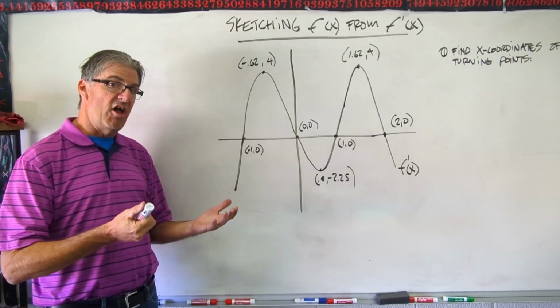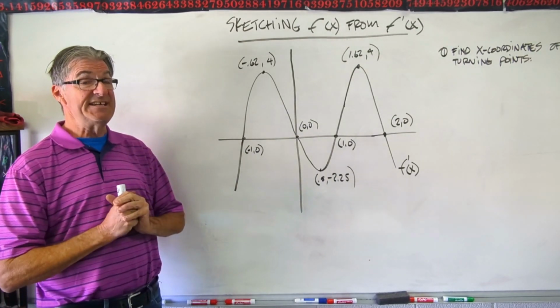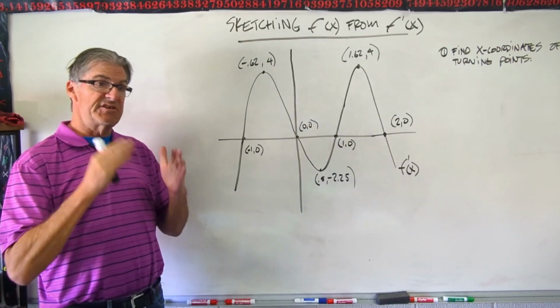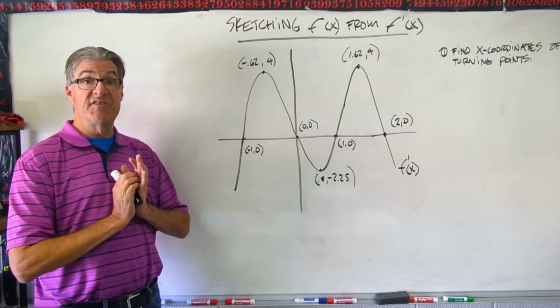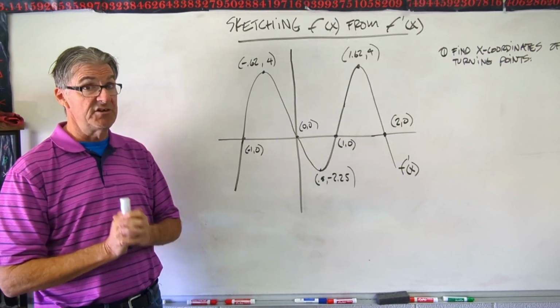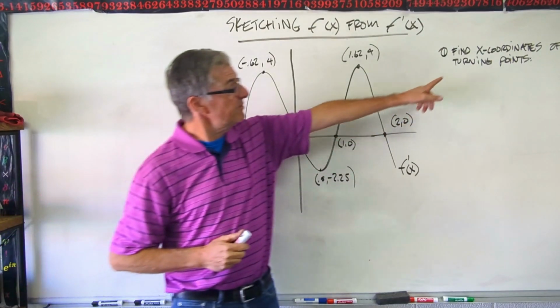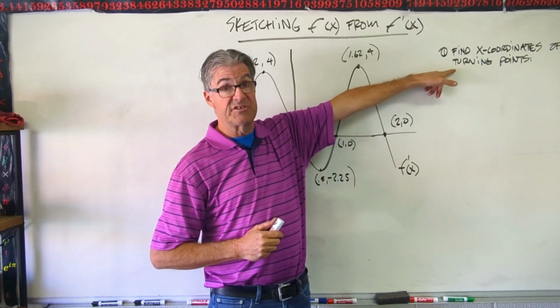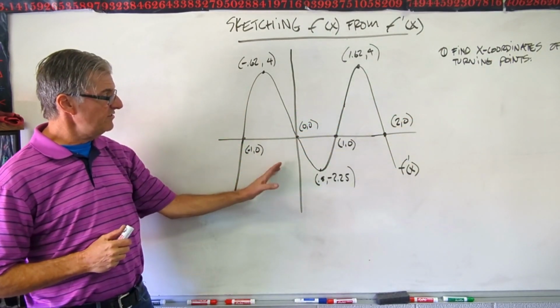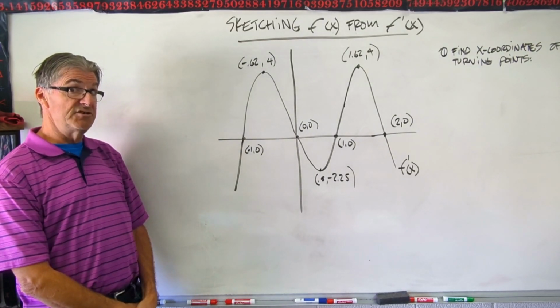At the turning point, the first derivative is equal to 0 because the first derivative gives us the slope of the tangent line. The tangent at the turning point is horizontal, which means it has a slope of 0. So our first step: find the x-coordinates of the turning points. You can get this right off the graph. Pause the video and see how you do.